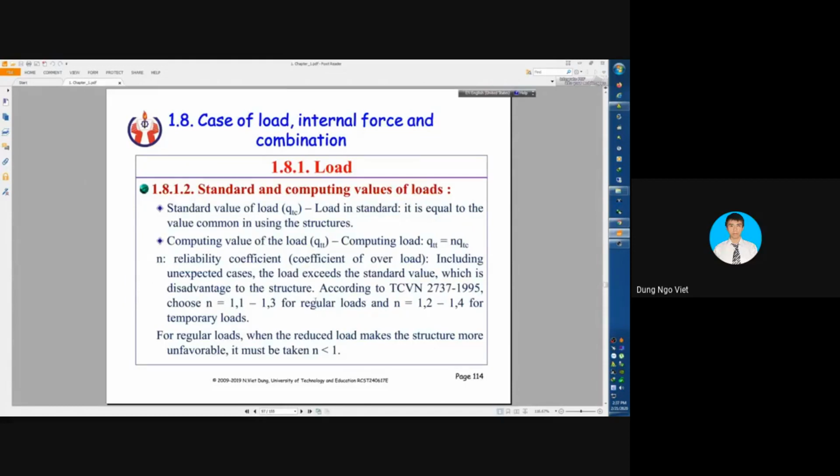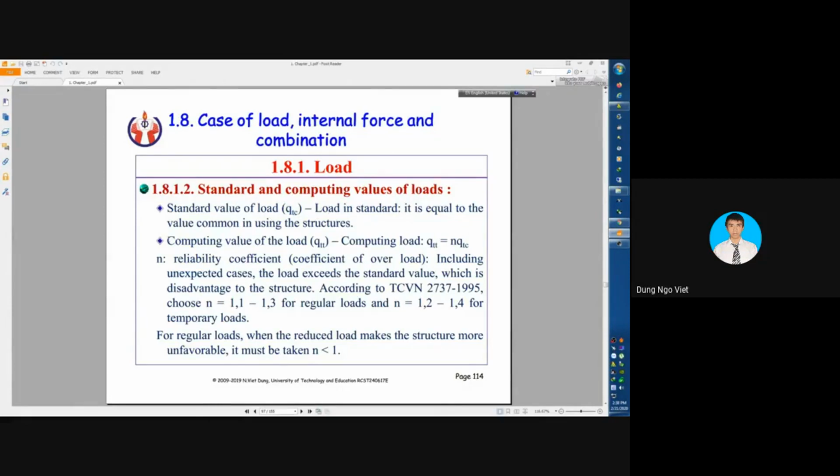And in construction, we must understand the standard and computing values of load. The standard value of load means the load in the standards. Usually the standard value of load is denoted QTC, and it is equal to the common value used in structural design.